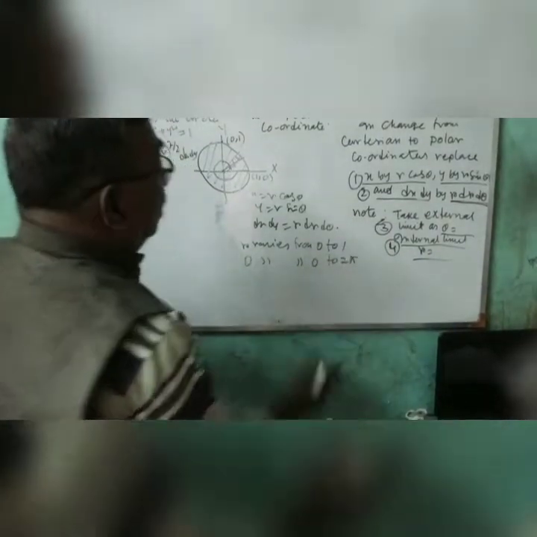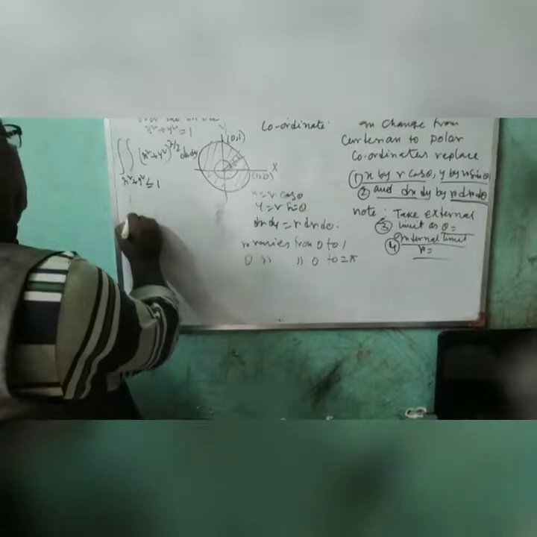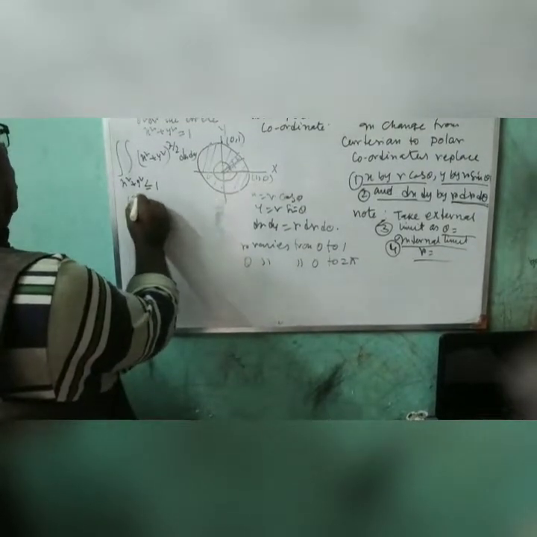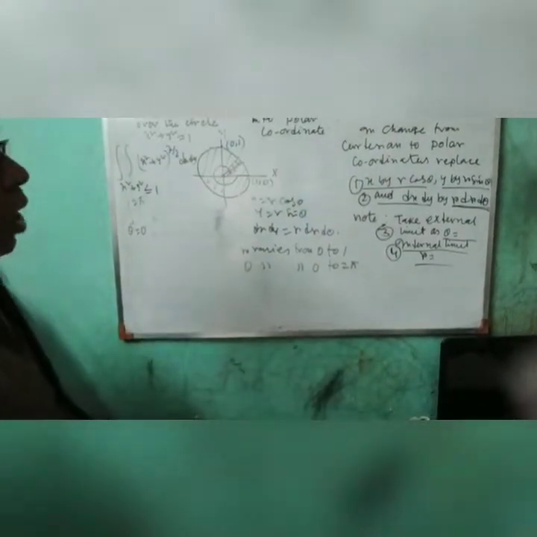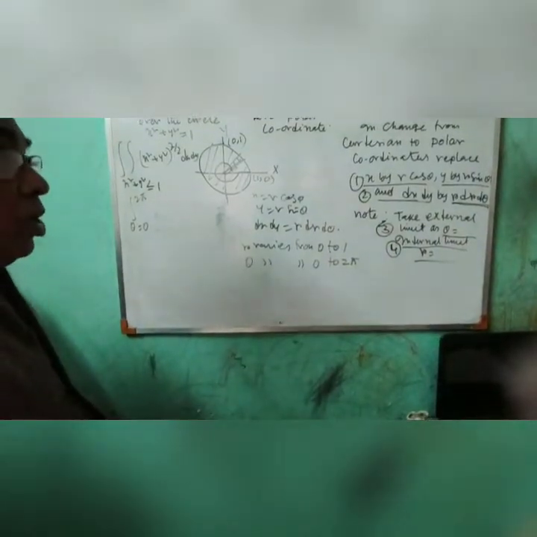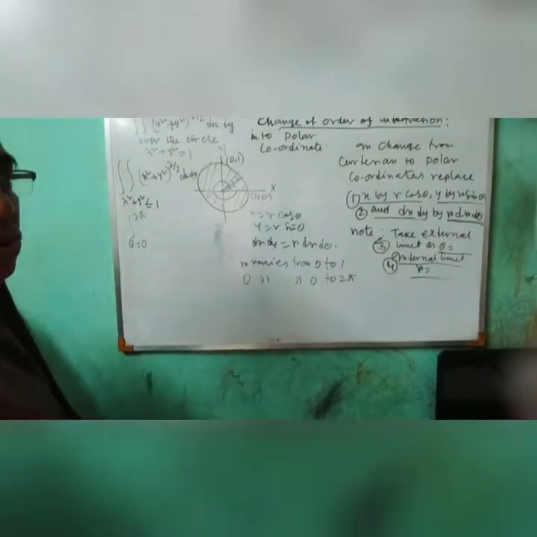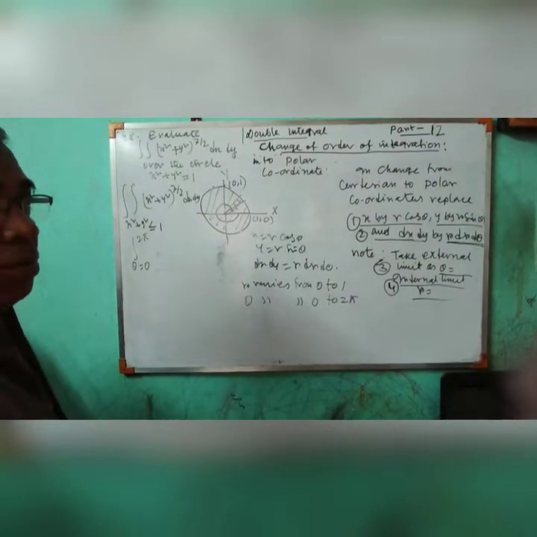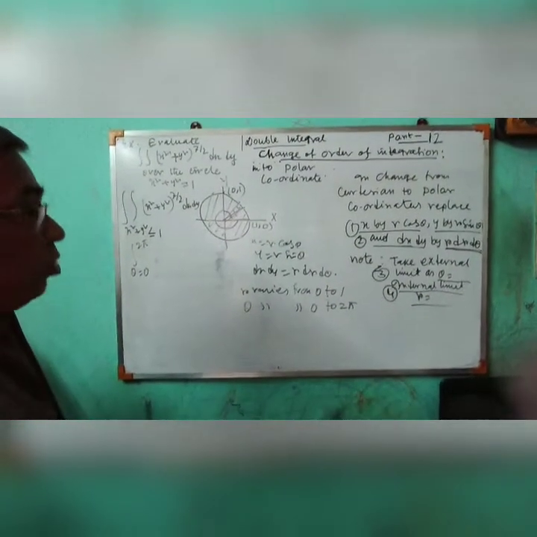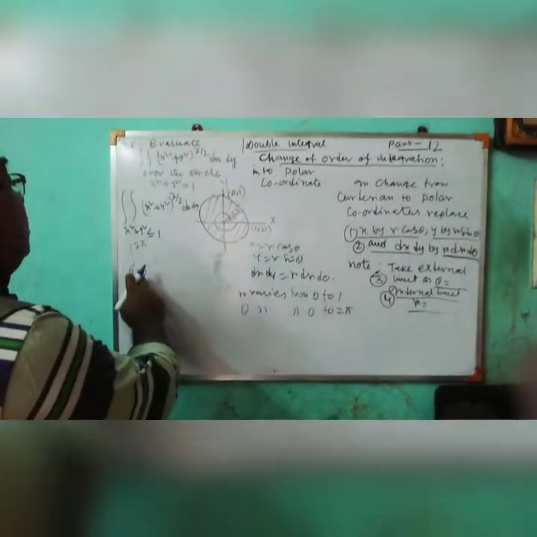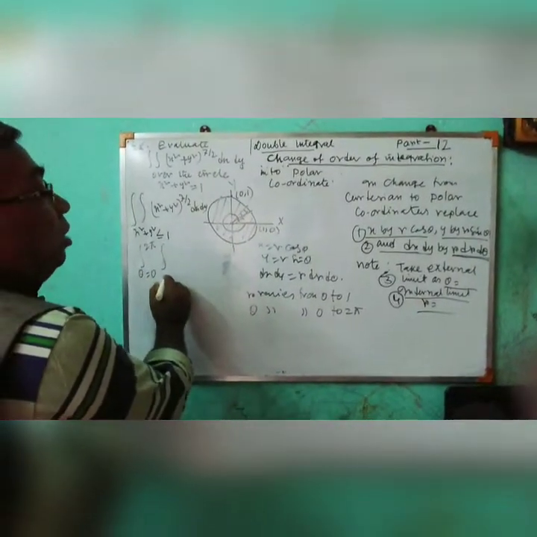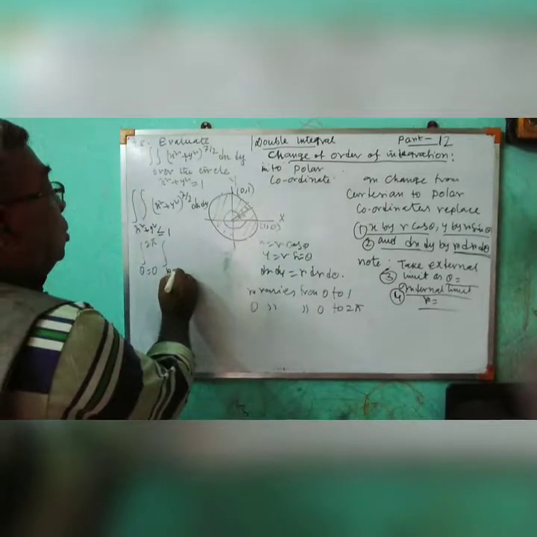Now I am integrating. Theta equal to 0 to 2 pi is the outer limit, because as we know, the outer limit of a double integral is always constant. Now the inner limit is r equal to 0 to 1.